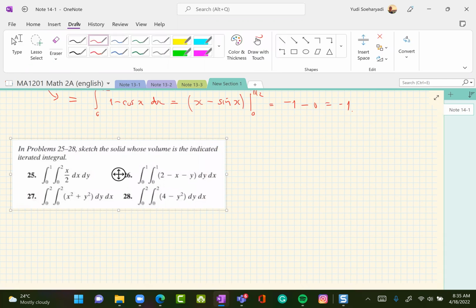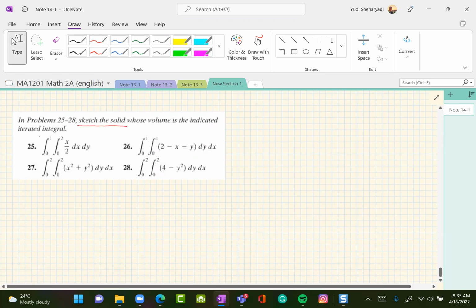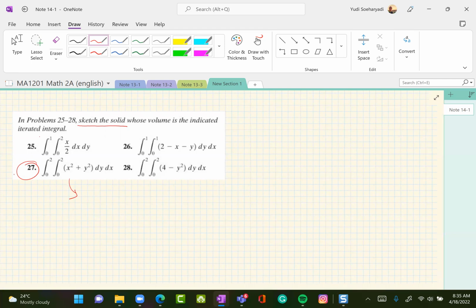The problem asks you to sketch the solid whose volume is the indicated iterated integral. For example, this one here, number 27.